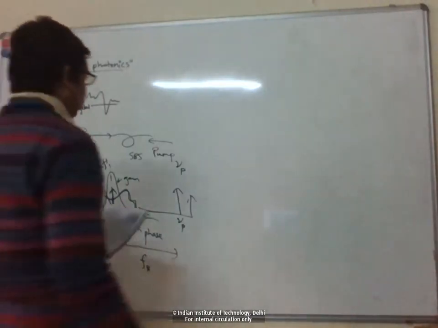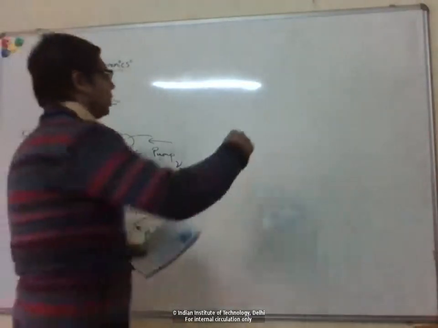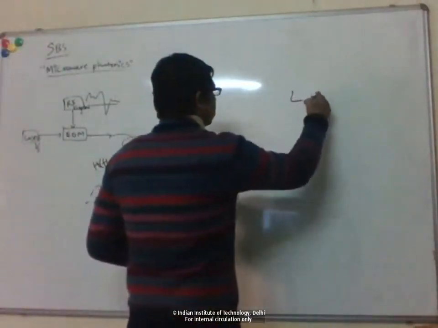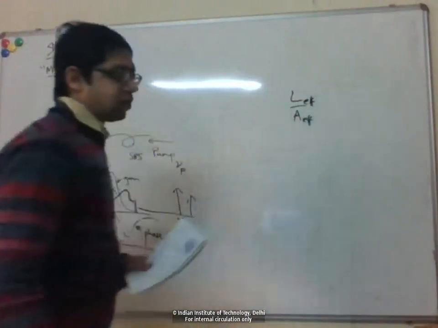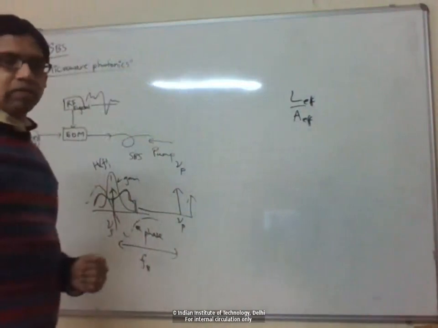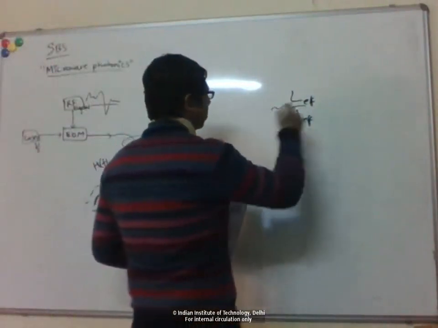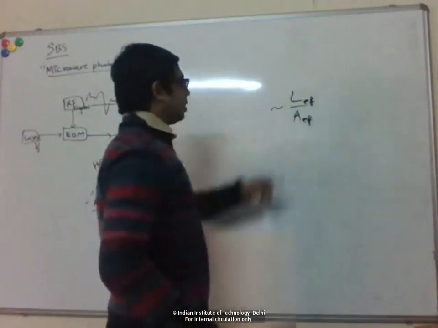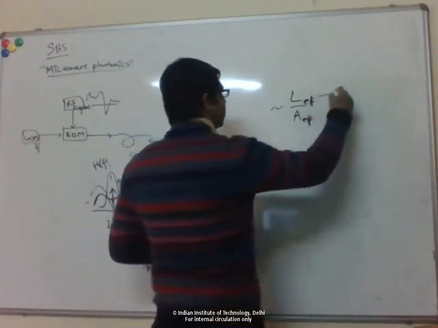And then one more comment. At the end of the last class, one of you made the comment that you can reduce the nonlinear effects, SBS or any nonlinear effect in general, because the nonlinear strength of the fiber scales with this factor L_effective by A_effective.